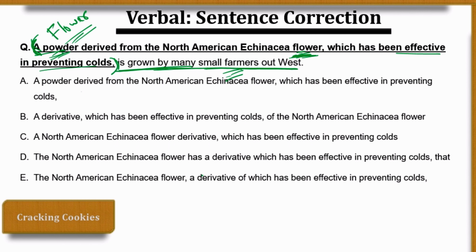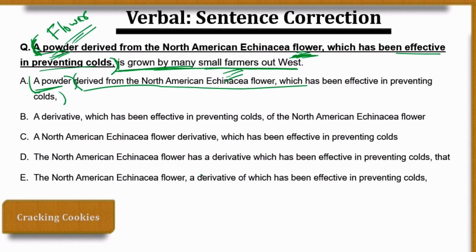So in option A, it is saying a powder, which is the subject of the phrase. This powder is derived from the flower, and this portion is going to be the extra information about the powder. So it is saying a powder derived from North American Echinacea flower, which has been effective in preventing colds, and the next independent portion is saying is grown by many small farmers out west.